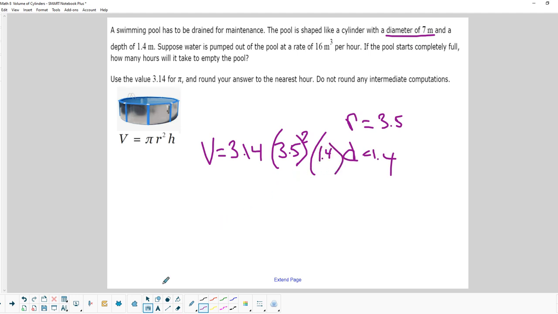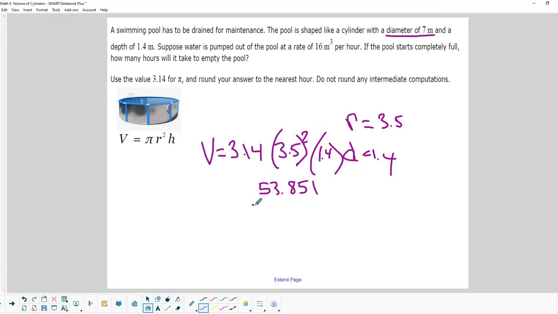So let's do that multiplication. 3.14 times 3.5 times 3.5 times 1.4. And so we end up with 53.851 cubic meters in the pool.